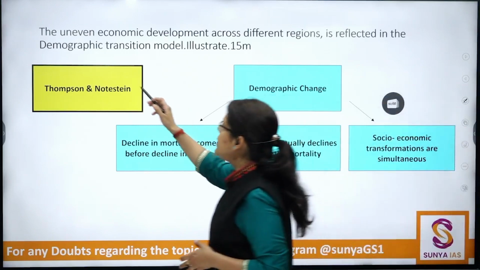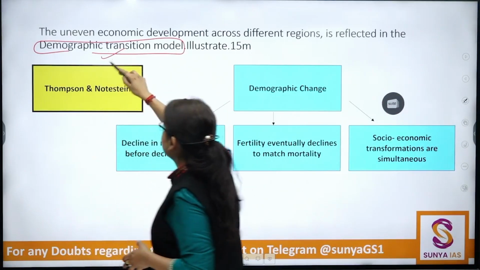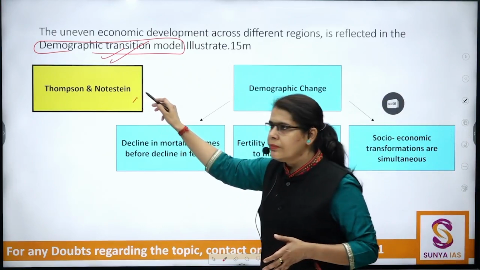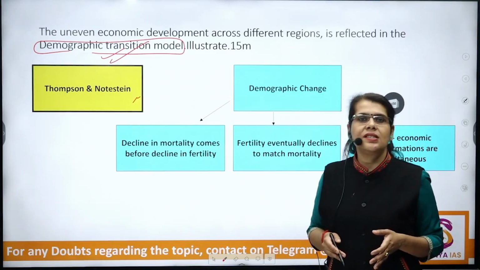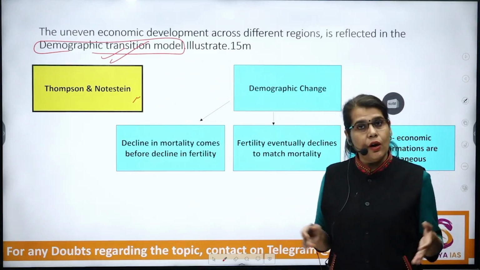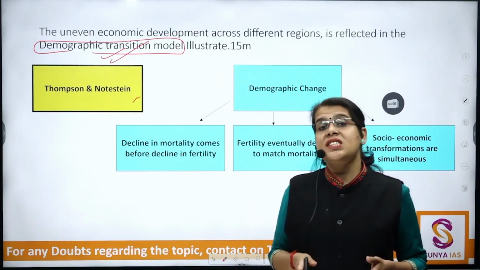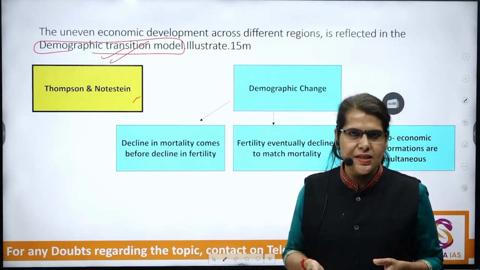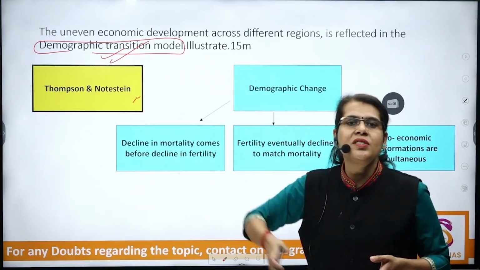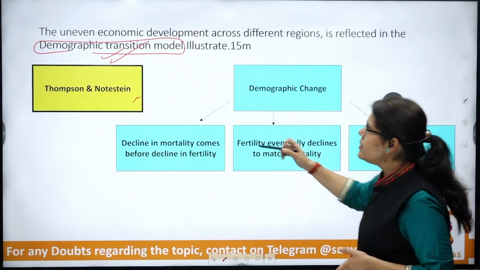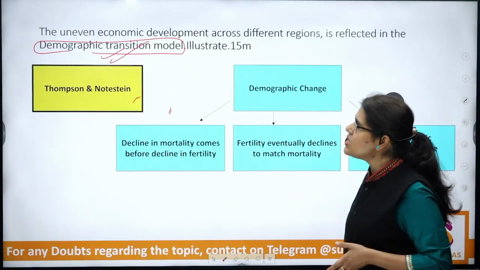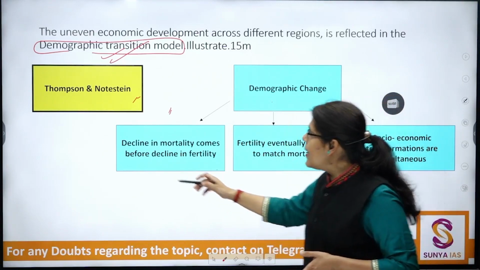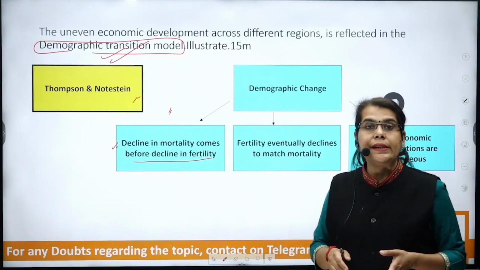Now, the demographic transition model was proposed by Thompson and Notestein. However, they talked about 3 stages, which were later modified, and now we also talk about a 5th stage. So there is a modification in the number of stages, but the idea remains the same. The idea is that the decline in mortality comes before the decline in fertility rates.